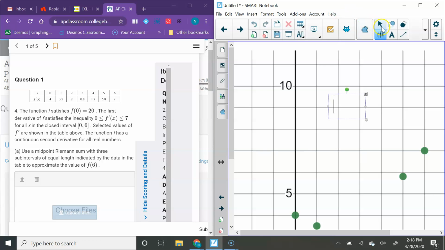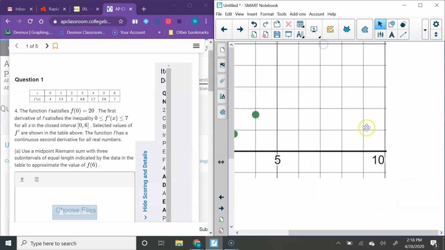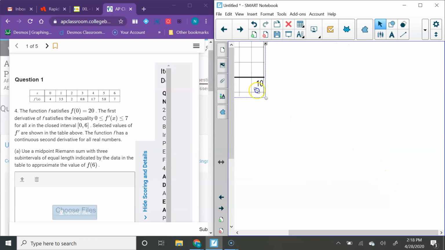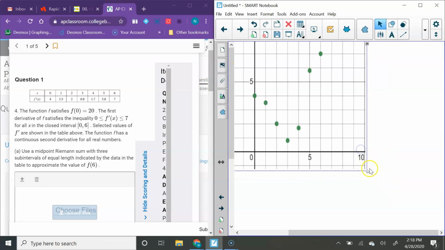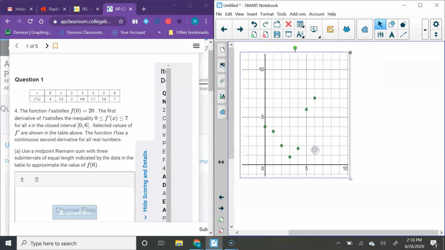Let's make that much smaller so we can see the whole thing. Okay. Alright, so there we've got a graph that we can use.